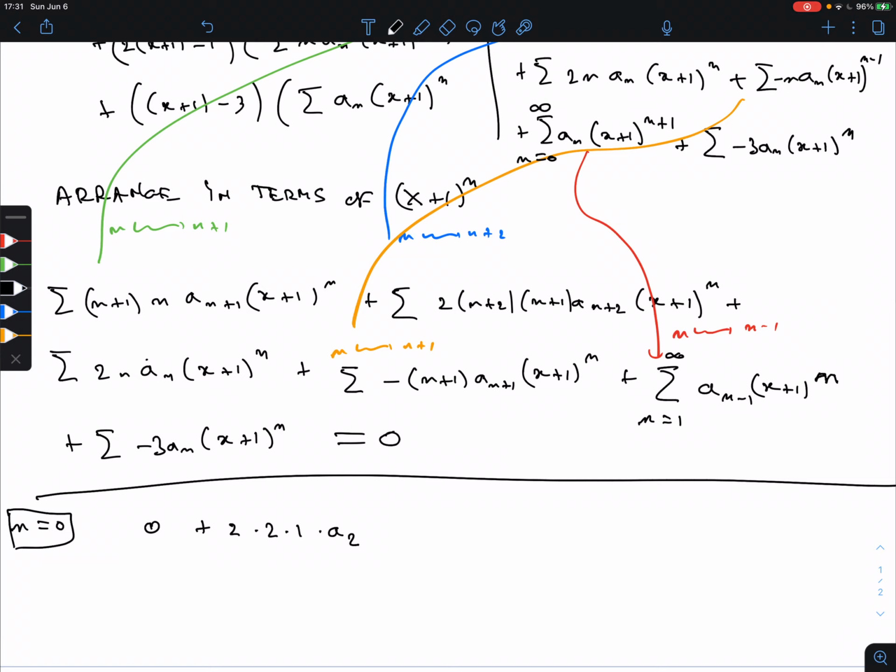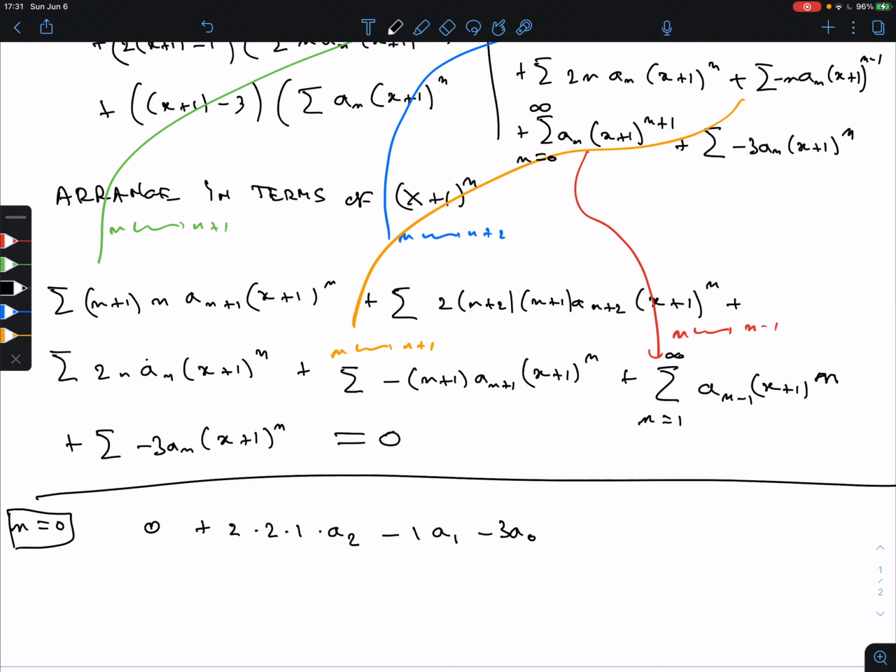The third one again is 0, but this one is not. So I get minus 1 a_1, right? And don't forget the a's also have to be taken correctly. As I said, in the penultimate one there is no such thing, so that's 0 really if you want. And then here we will get minus 3 a_0.